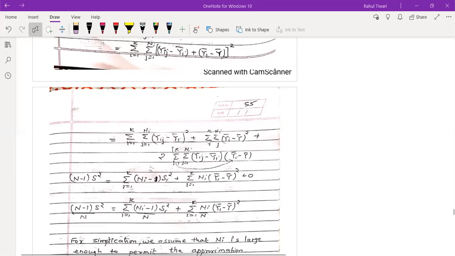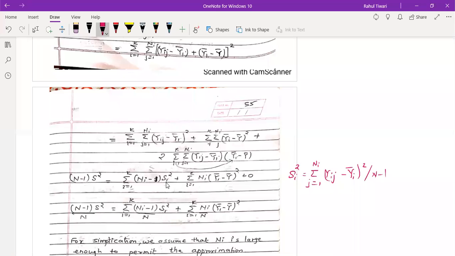If you see the formula for Si square, what is Si square? Si square is nothing but, because i is running, you have to consider with respect to j. If we have remembered, what is Si square? Si square is nothing but 1 upon Ni minus 1, summation over j running from 1 to Ni, yij minus y bar i, the whole square.